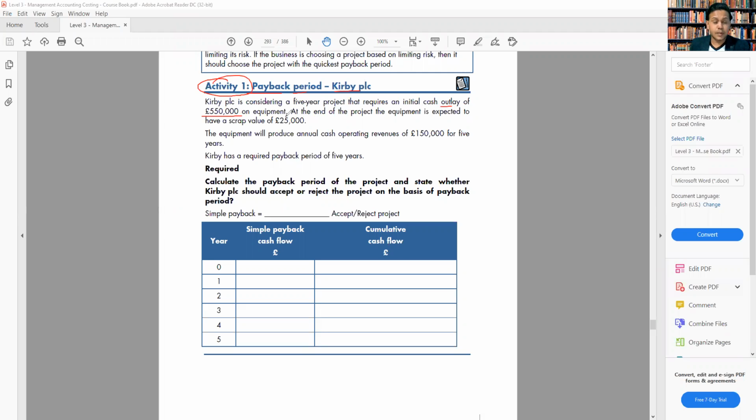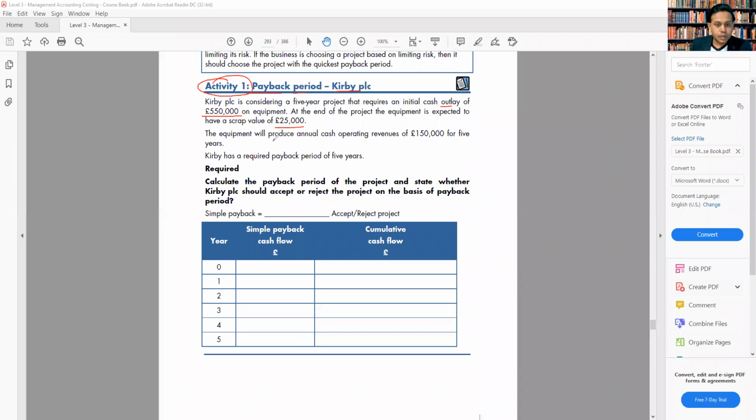On equipment, if I buy some asset, at the end of the project, the equipment is expected to have a scrap value of 25,000. So that means when the useful life of the asset is finished, I can sell it for 25,000.